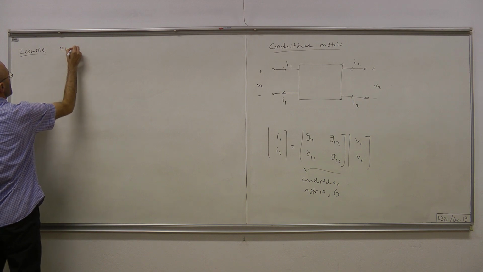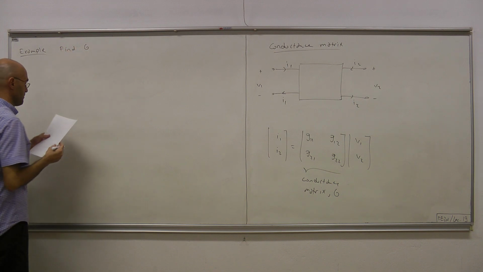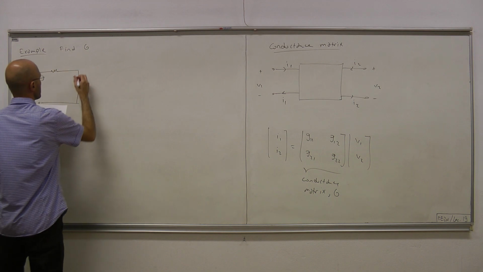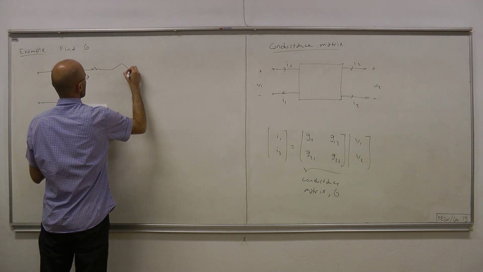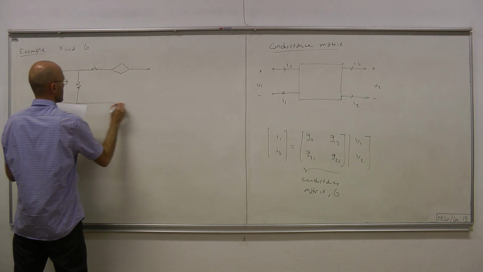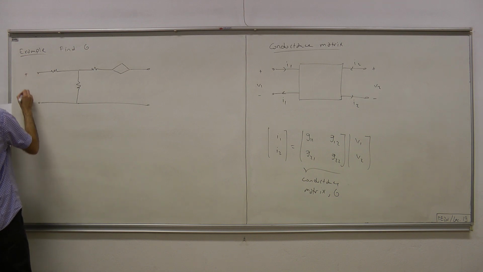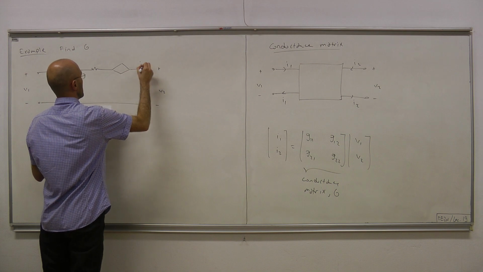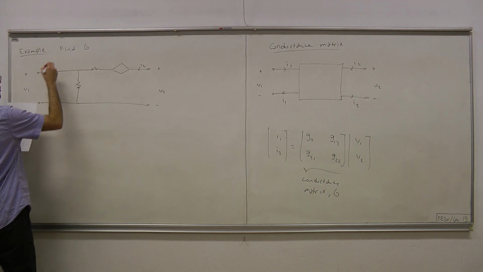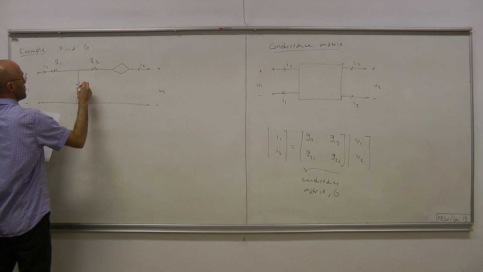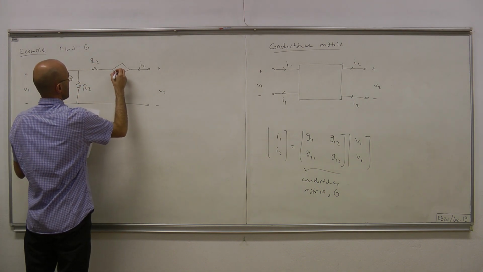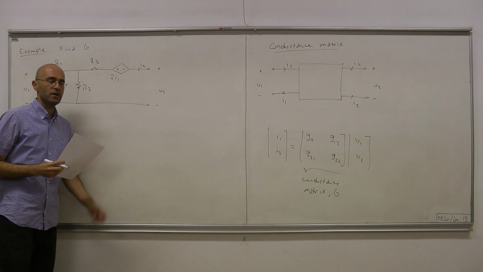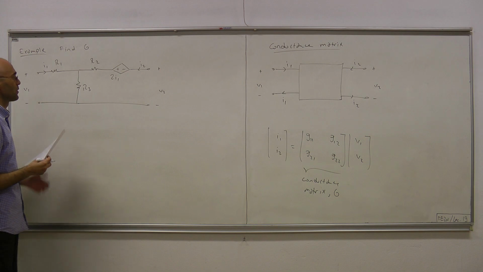Okay, find the conductance matrix G. And the two-port is the same as before. Plus minus V1, plus minus V2. This is I2. This is I1, R1, R2, R3, and we have plus minus 2 I1, the dependent source. Okay.